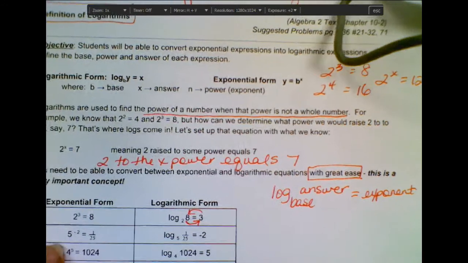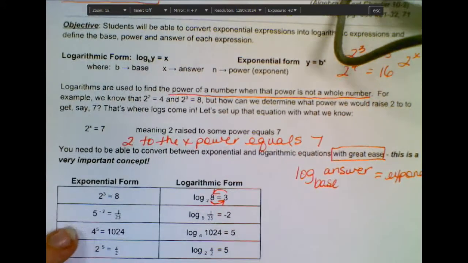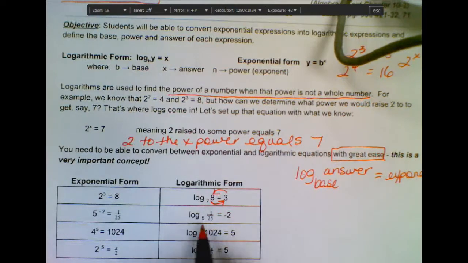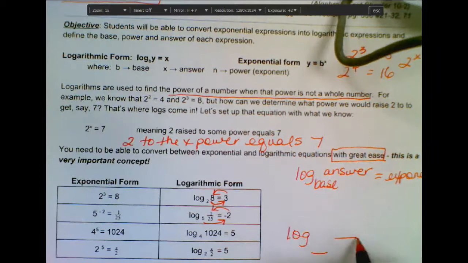So, 5 to the negative second is 1 over 25. The way we write that as a logarithm is log base 5 of 1/25 equals negative 2. Again, tell yourself, 5 to the negative second equals 1 over 25. If you make yourself some blanks, it helps to fill in.